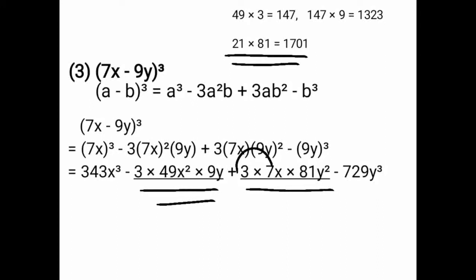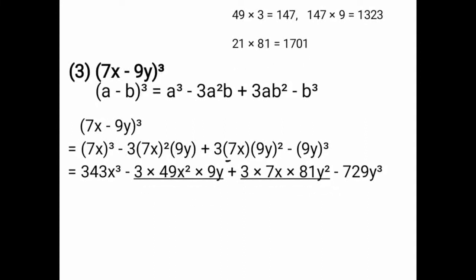First I multiplied 3 into 49, 147, and then I multiplied 147 into 9. 1323 into x square into y, that is 1323x square y.